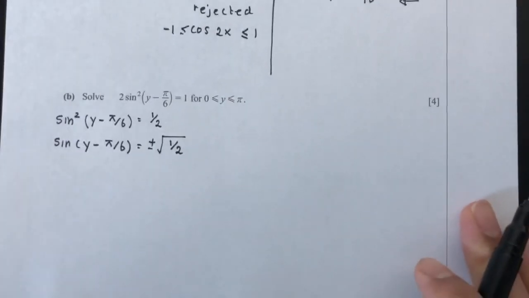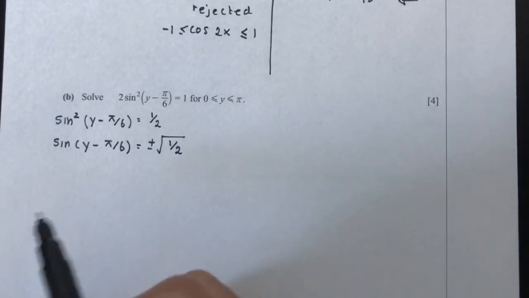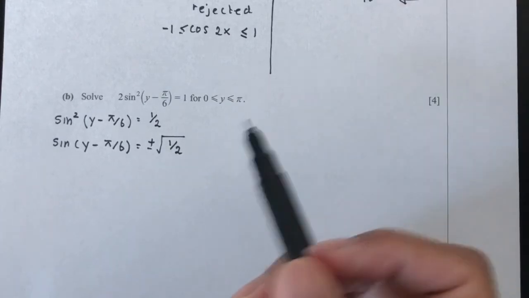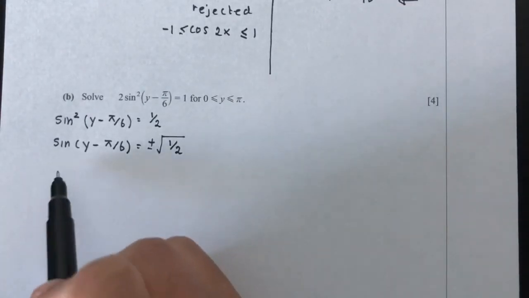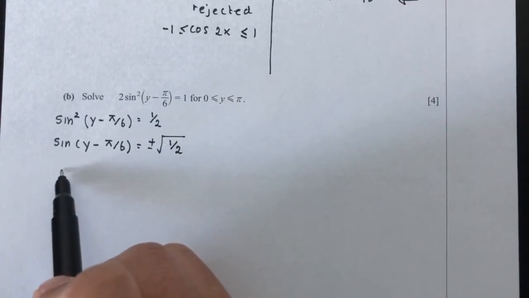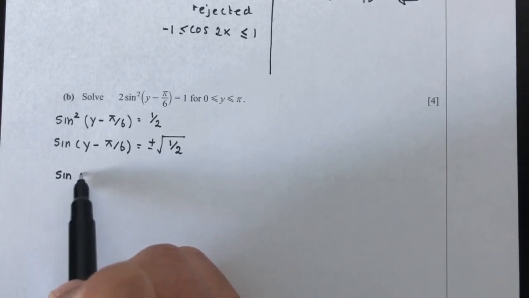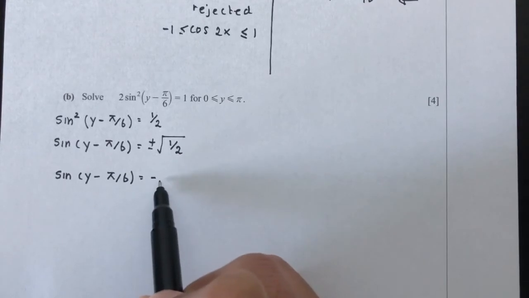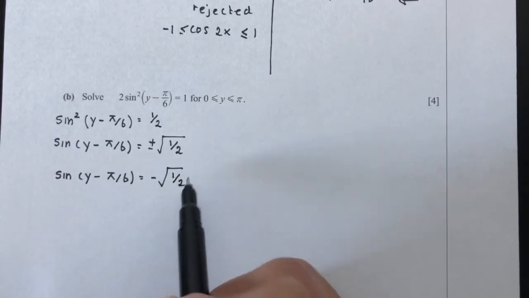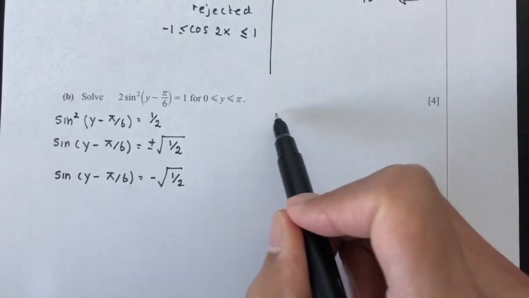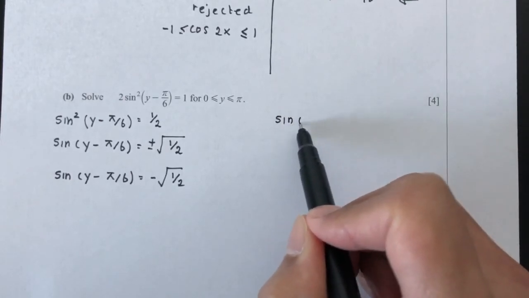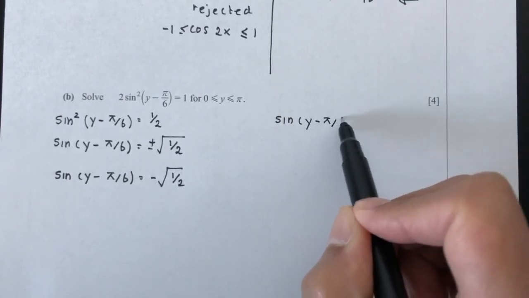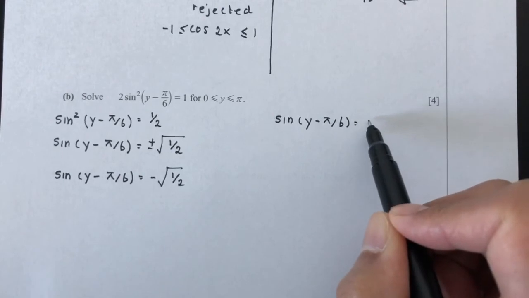Okay, so now we have two values that are possible, because one is a positive value and one is a negative value. So one will be sine of y minus pi by 6 equal to negative 1 over root 2, or it can be sine of y minus pi by 6 being the positive value.